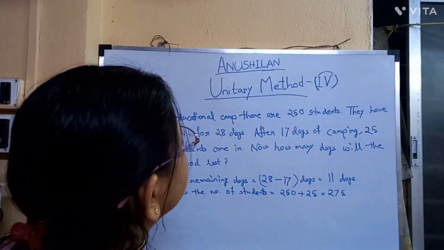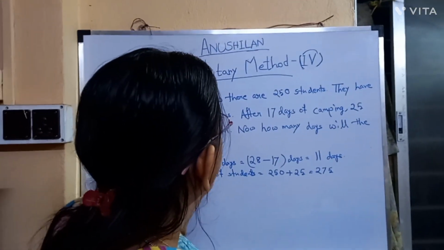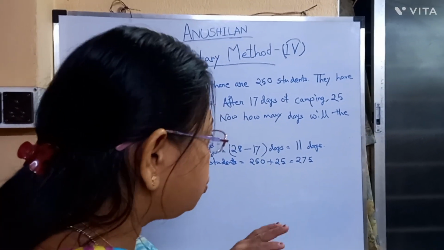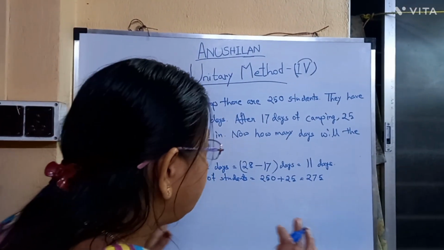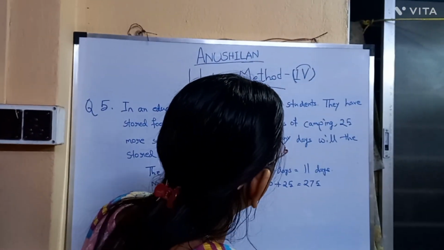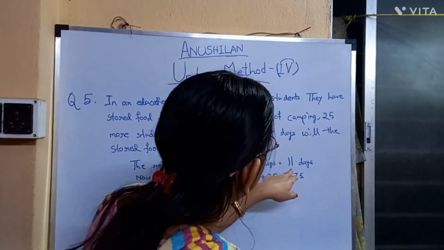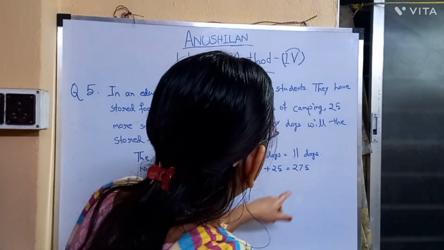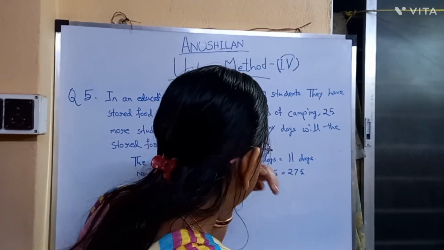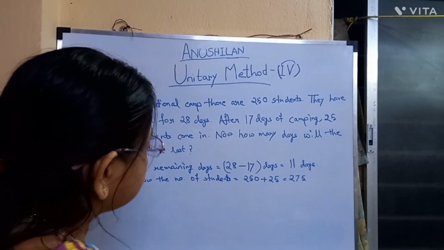If no students join, then 250 students can feed the remaining food for 11 days. Got it? But now the number of students is 275. Then how many days will the stored food last? I have to calculate it.